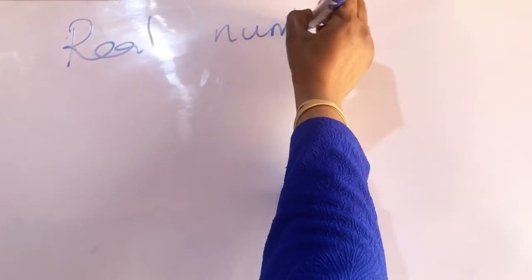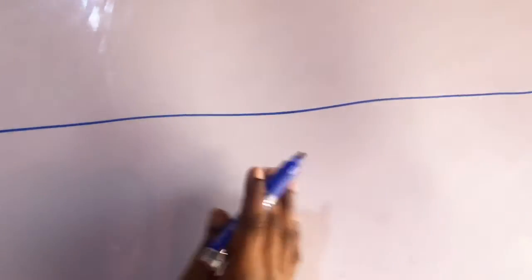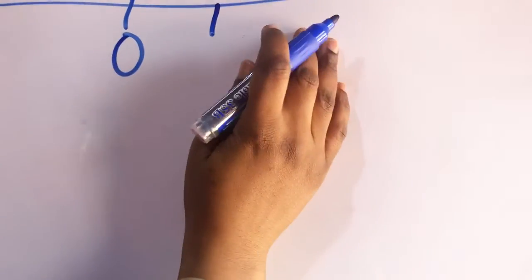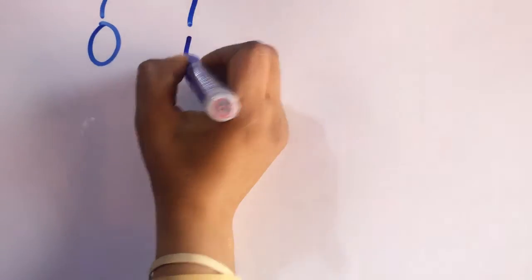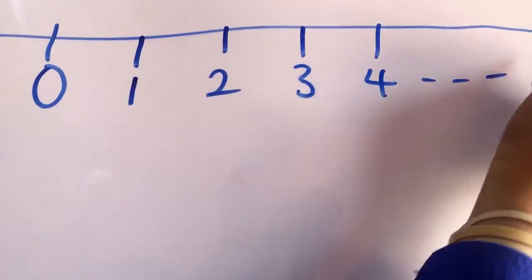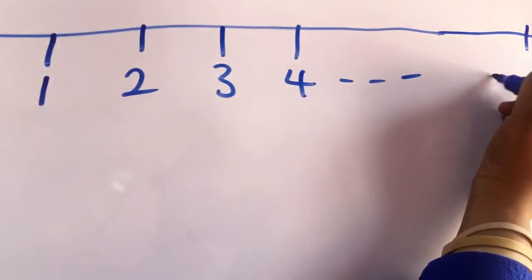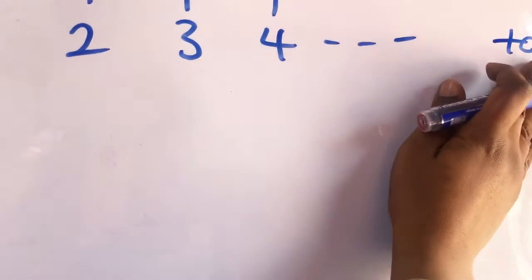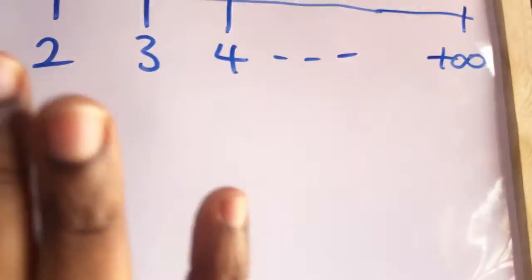If we draw a number line, you have the number line as this. This center is 0. This right hand side will be positive natural numbers. So we have 1, 2, 3, 4, and so on, till we get to positive infinity. This infinity is not a number, it's just a symbol to signify that those numbers go on like that.